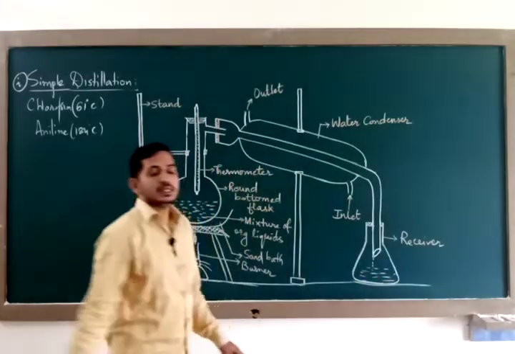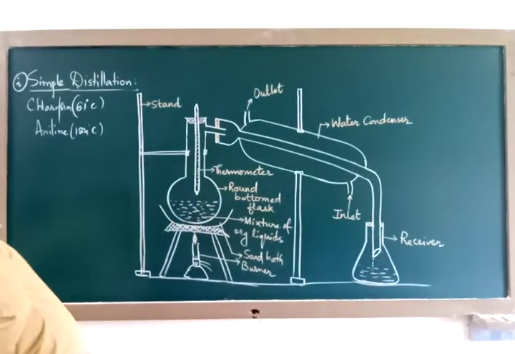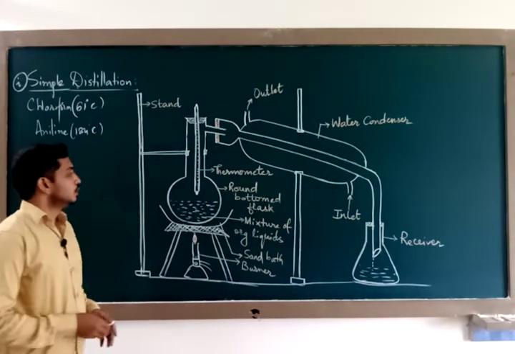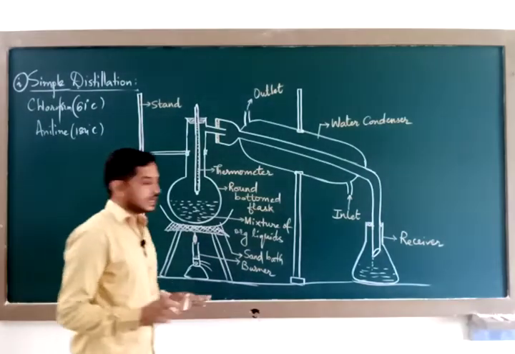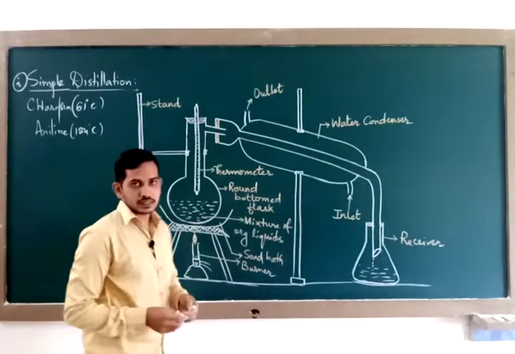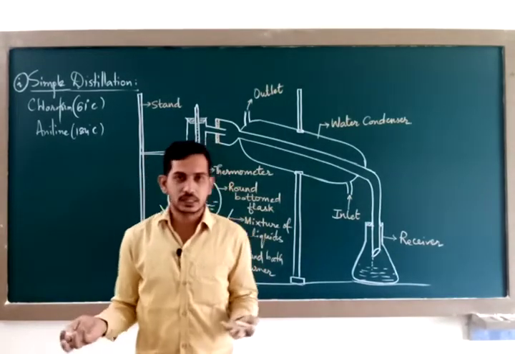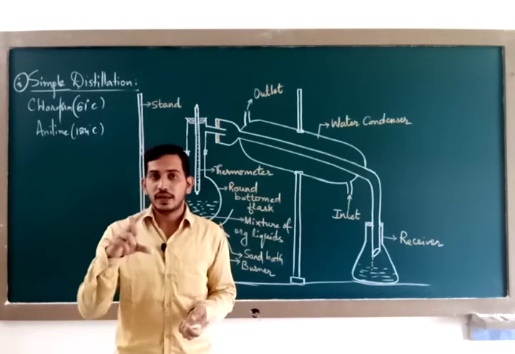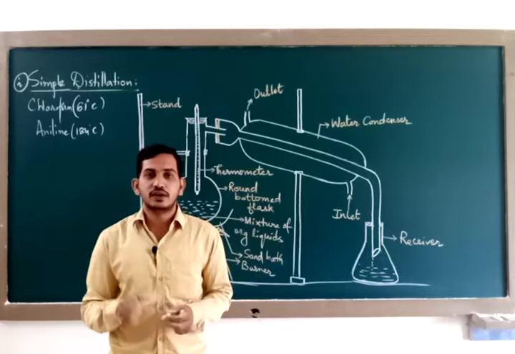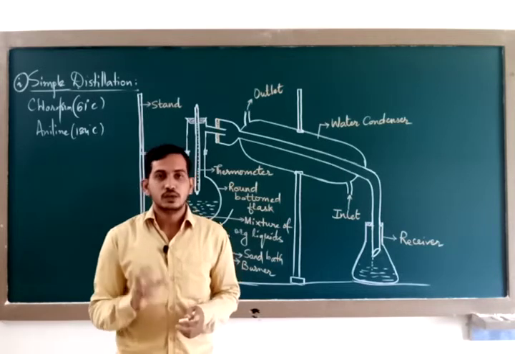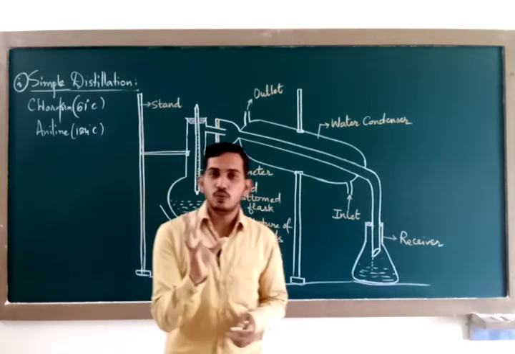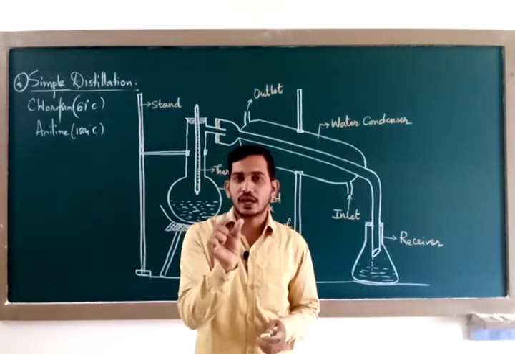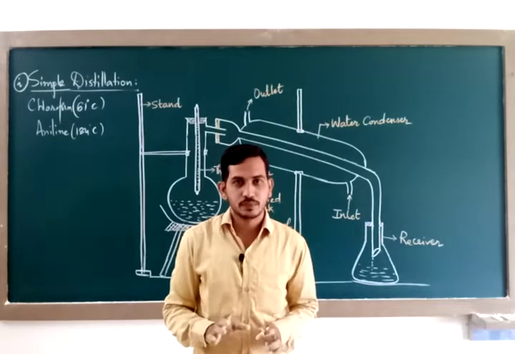Once this experimental setup is done, now let us see how purification is done. The impure organic liquid is taken into a round bottomed flask. What is a round bottomed flask? You might have seen some glass apparatus even in your home, like the glass that you use for drinking. If you have a round bowl-like, globular structure with a neck, it is a round bottomed flask.